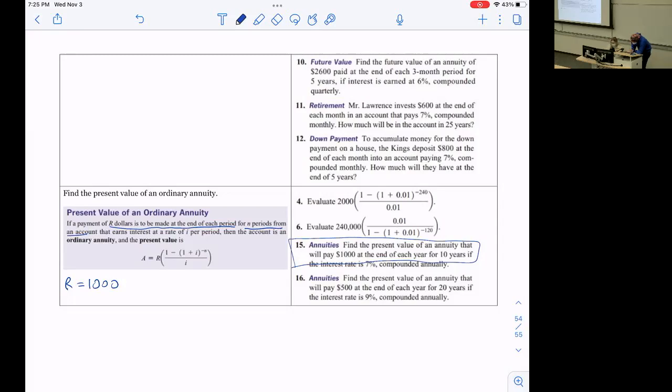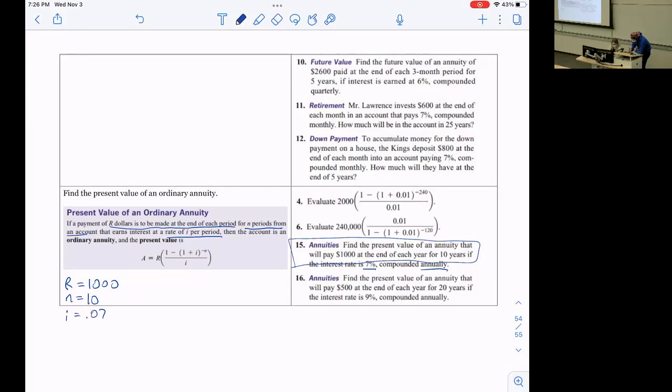I believe 10 periods. So N is equal to 10. And then we have earns an interest rate I per period. So 7% per year, so annually. So we have I is equal to 0.07 a year.